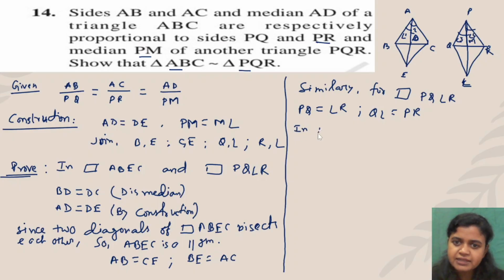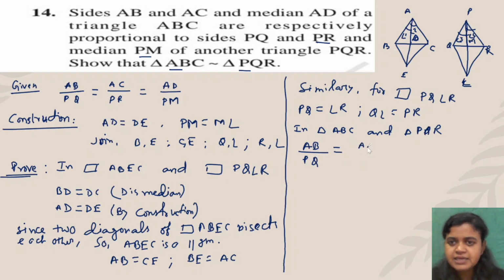In triangle ABC and triangle PQR, AB by PQ is given, and AC by PR is given.